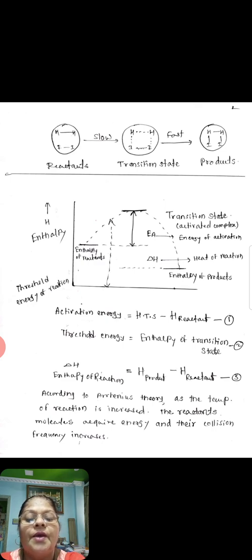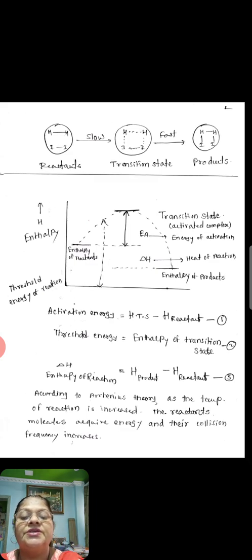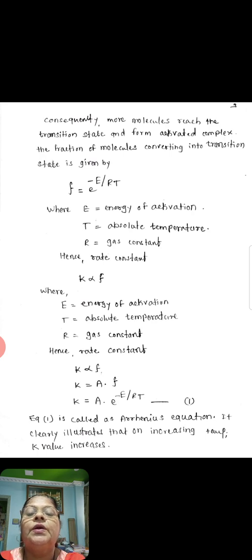According to the Arrhenius theory, as the temperature of the reaction is increased, the reactant molecules acquire energy and their collision frequency increases. Consequently, more molecules reach the transition state.